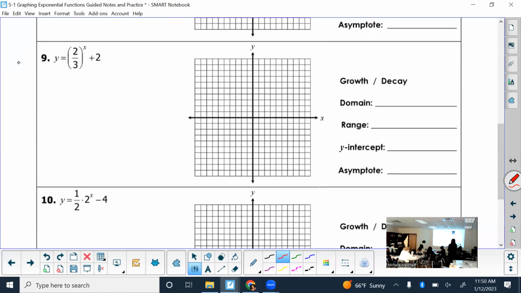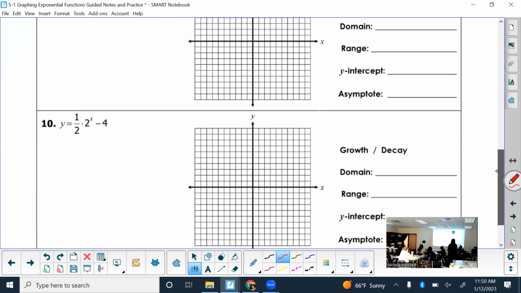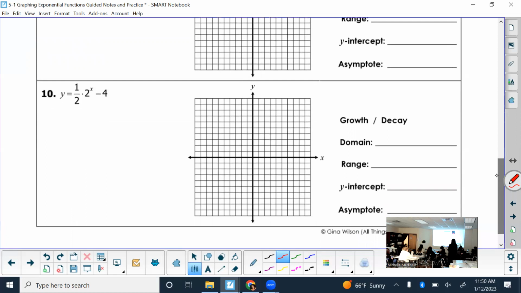No, 2/3 is still less than 1. And then would you do 10? Yes. So just try all the growth ones for now. We'll do a decay example tomorrow and we'll pick up there. But just try those. If you have questions, let me know. And that should take us till the end of class, about 15 minutes.